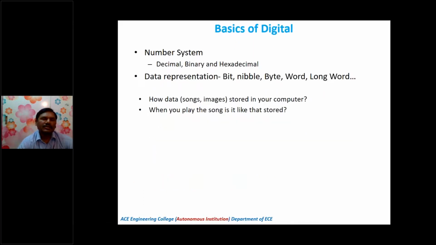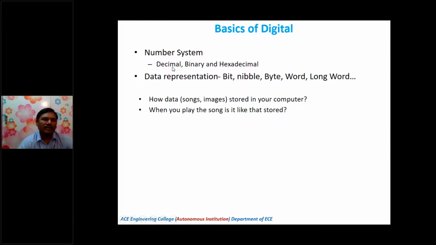Number system. A number system can be represented with any base, but here we are going to see three types of number systems: base 10 decimal, base 2 binary, and base 16 hexadecimal. This subject was already studied in the second year or previous years, which is why I'm not focusing on a detailed explanation of these number systems.